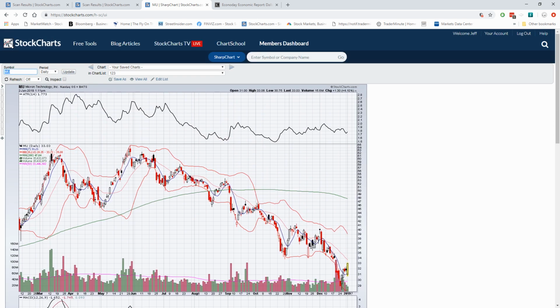But the bottom line with the average true range is when the average true range is on the decline, the stock tends to rise. Now, one of the reasons I'm looking at Micron is because I want to show you that it's not an always scenario, right? It's not an always scenario. But when the average true range declines, like right back here in May, the stock price tends to go up.